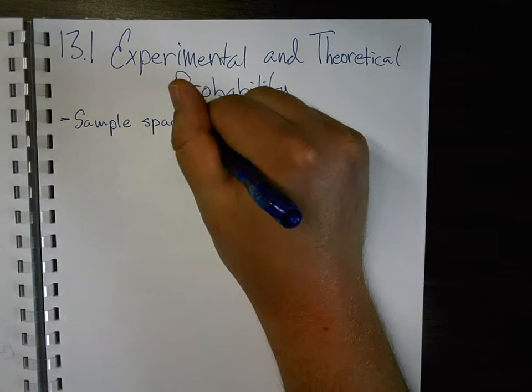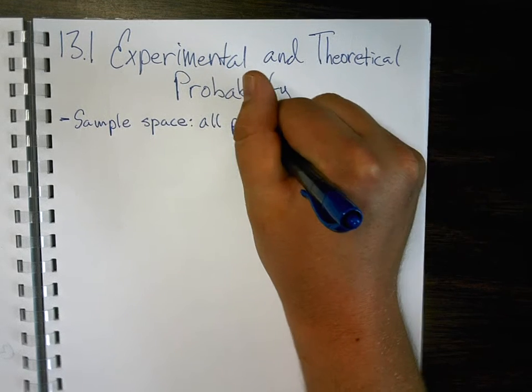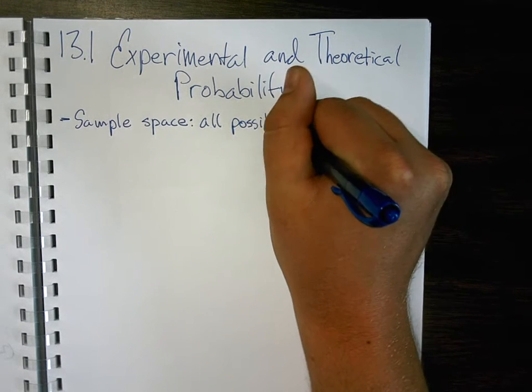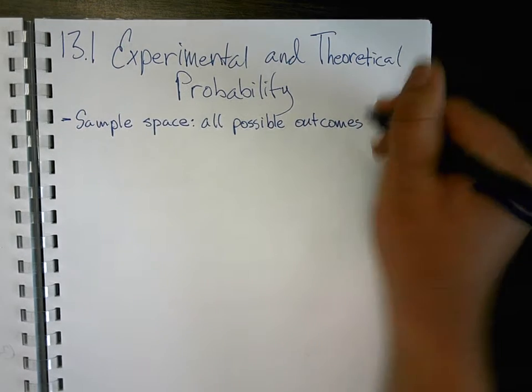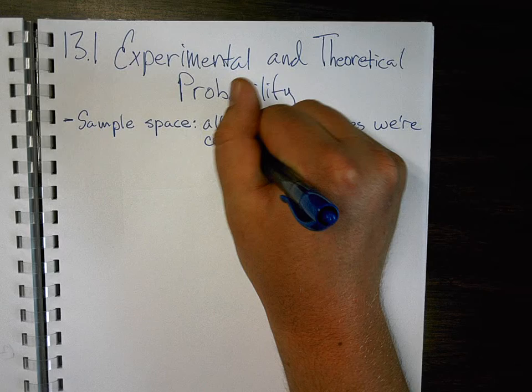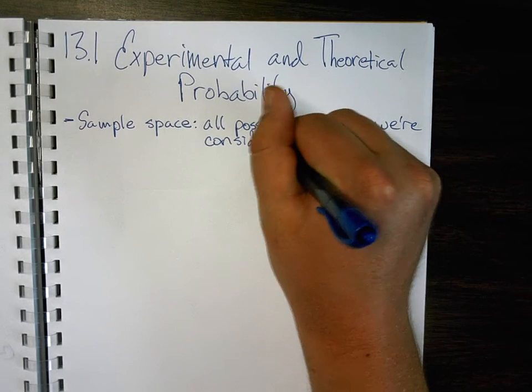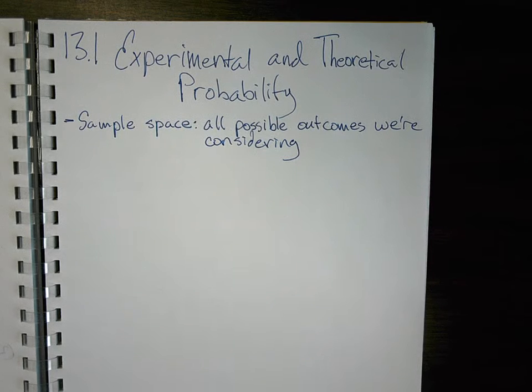Okay, sample space. It's just all possible outcomes we are considering. So, for instance, the easiest example, I think, or one of the easiest, is the example of a dice, so a 6-sided dice or die.